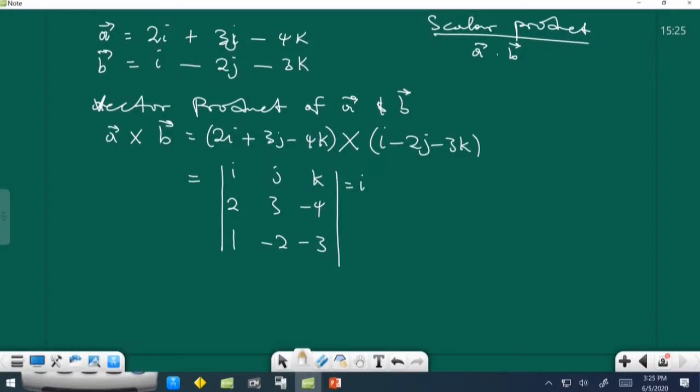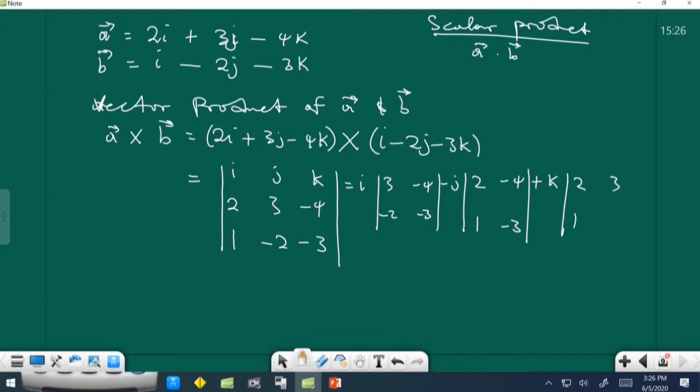So we have i, taking your numbers, 3, minus 2, minus 4, minus 3, and for j, we have minus j, and that minus j will give us 2, 1, minus 4, minus 3. Then for k, plus k, we have again 2, 1, and 3, minus 2.